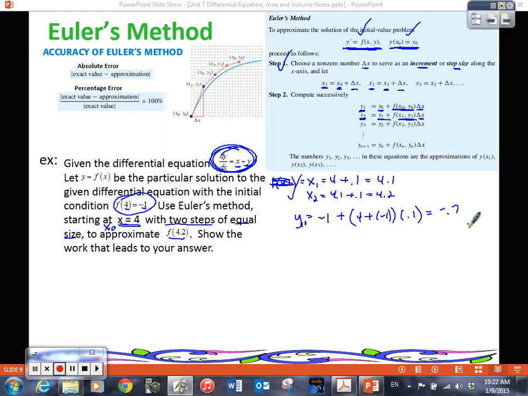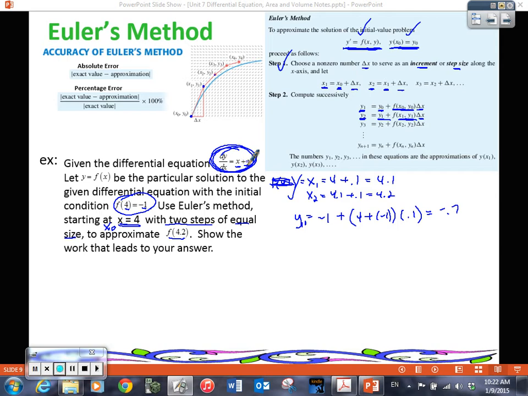Now let me caution you here, because I had several students earlier today just automatically put in this derivative, the x plus the y. The only reason that right here I did my original x plus y is because that's the derivative, right? If that wasn't the derivative, I wouldn't have done that.